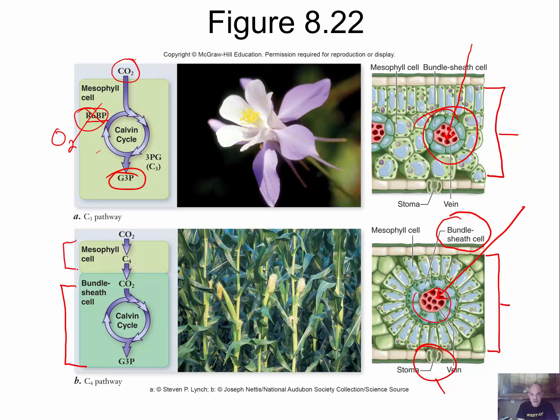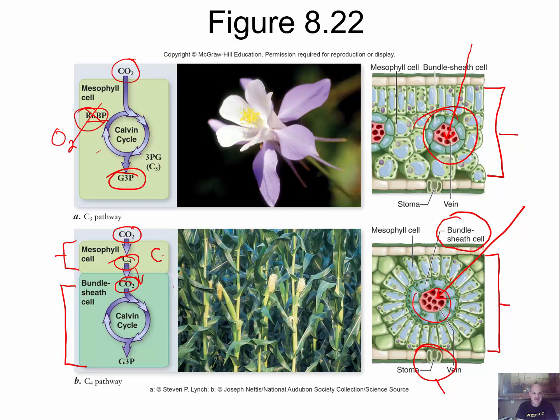So in the mesophyll, even if there's high oxygen levels, there's still some carbon dioxide. We're going to take that carbon dioxide and fix it onto PEP to make our C4 compound. And then we're going to move that C4 compound into the bundle sheath cells and have that compound give up the carbon dioxide. Okay? And now that carbon dioxide can go through the normal Calvin cycle, the C3 pathway.